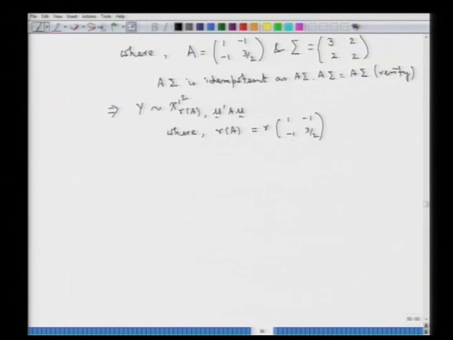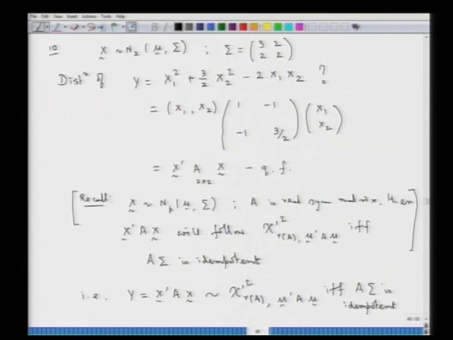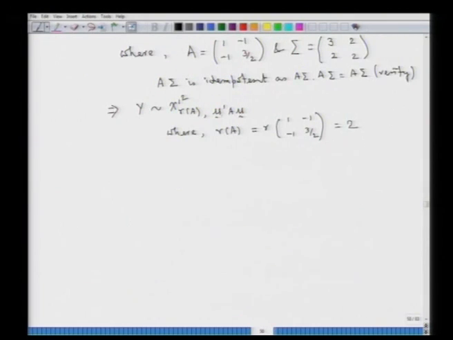It is easy to see that this is of full rank, so the rank is 2, and whatever mean vector is specified leads us to the explicit form of the non-centrality parameter. So y is a chi prime square on 2 degrees of freedom, with non-centrality parameter mu prime A mu, where A is this matrix and mu is the mean vector. So that solves this particular problem.